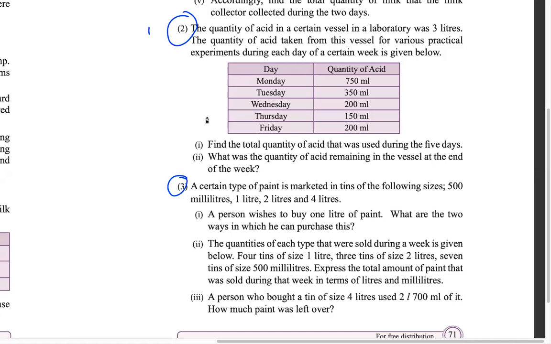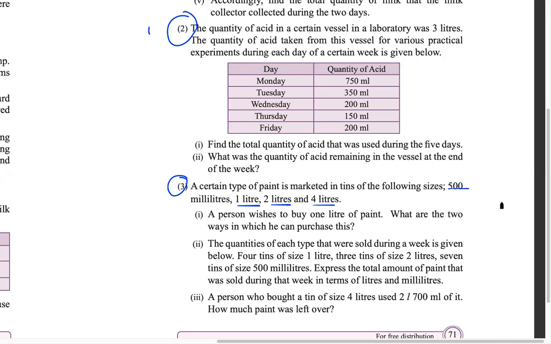So tell me, if you want to buy 1 liter of paint, how can you buy it? One method, Rifki, is that you can buy 1 tin of 1 liter, 1000 milliliters. So it is 1 liter. And tell me another way that you can make 1000 milliliters by using a combination of these 4 quantities. 500 milliliters multiplied by 2.